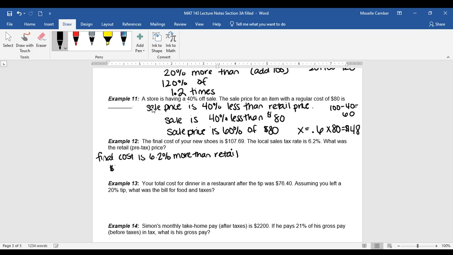The final cost is 107.69. It is 6.2% more than retail, which we don't know. Okay, so more than, we're increasing, so that means 107.69 is going to be 106.2% of your retail.